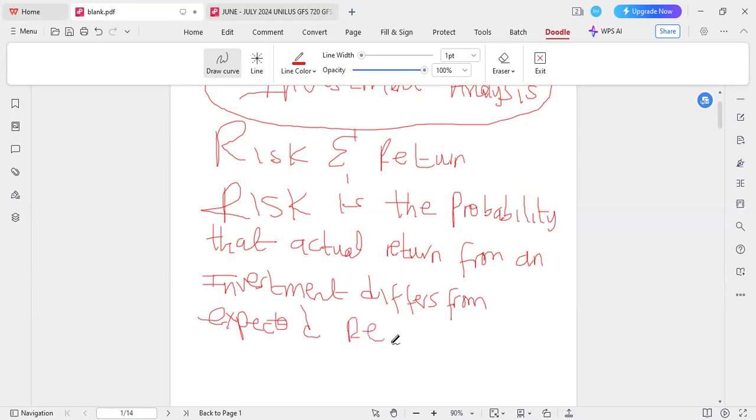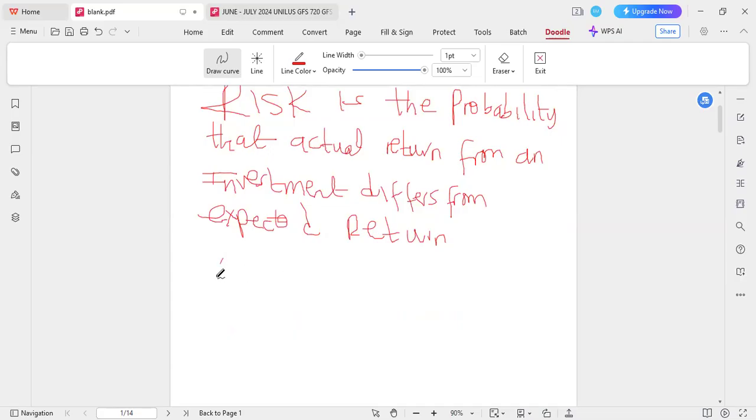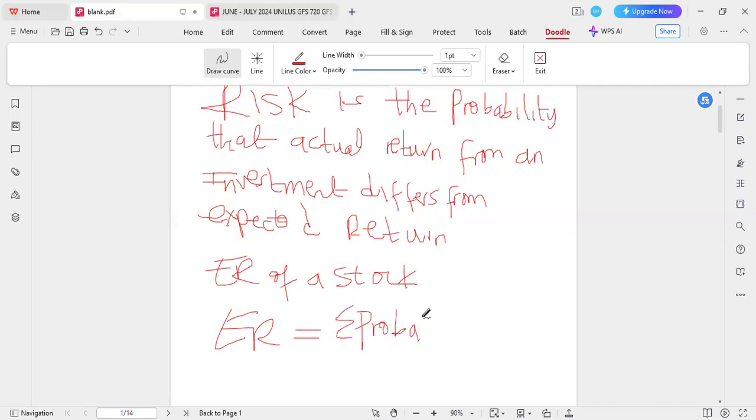All right, so this is about what risk entails. The actual return from an investment differs from expected return, and of course, we know that the expected return of a stock is equal to the summation of probability multiplied by the return.